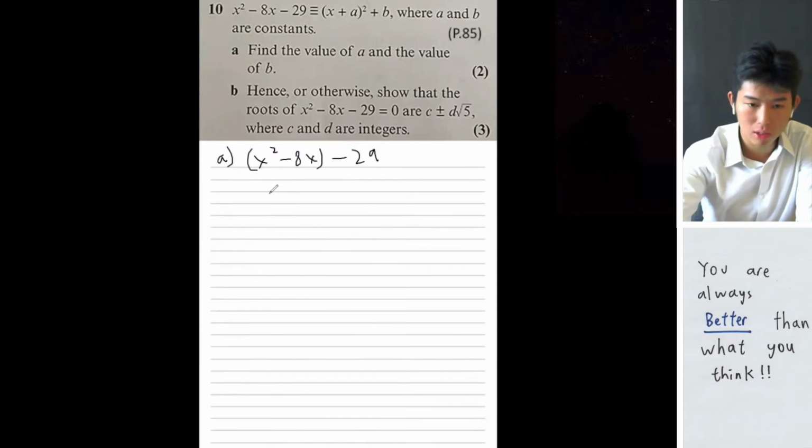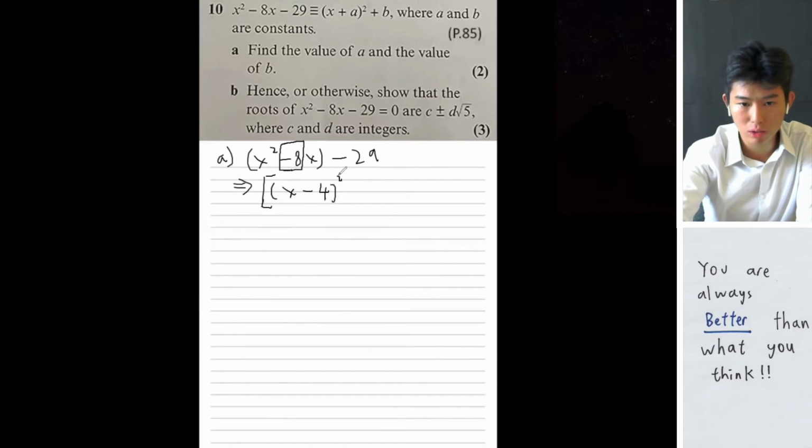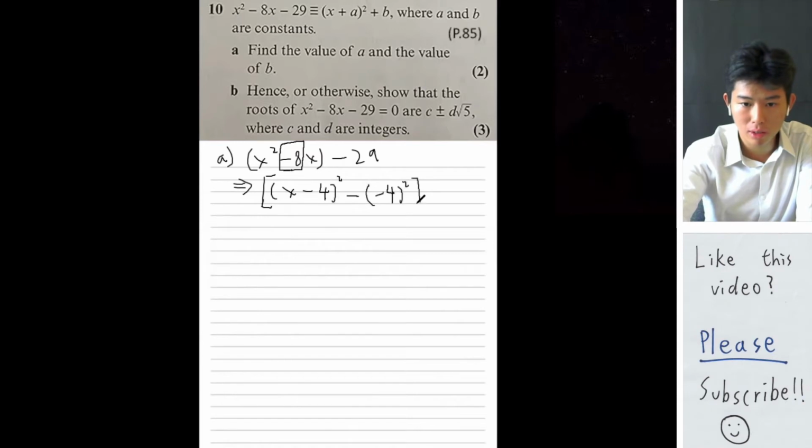The second step would be the big bracket x minus 4, because the coefficient of x here is minus 8, and minus 8 divided by 2 is minus 4. So (x minus 4) squared, but that is not done yet. The next step is to subtract (minus 4) squared and then minus 29.